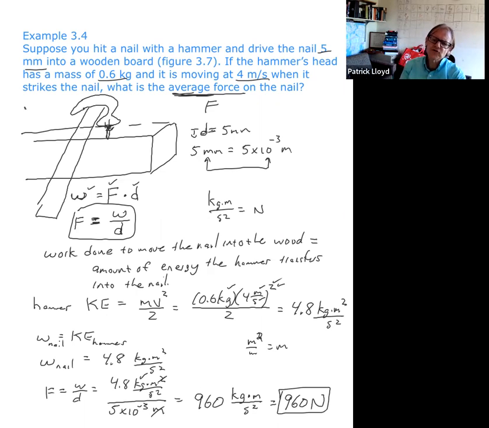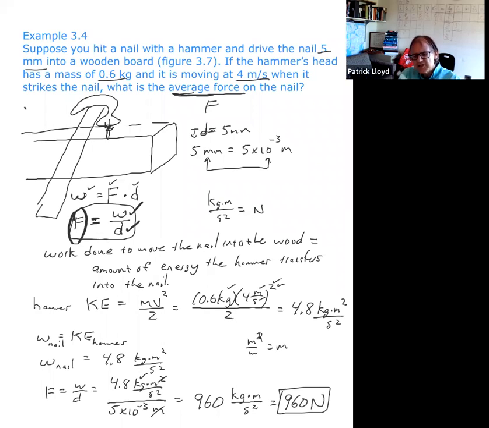This one involved a little bit of logic, so you might want to watch this video a second time to see my logic. The idea is we want to know the force on the nail. That's equal to the amount of work done on the nail divided by the distance the nail moved, which is the 5 millimeters. We don't know the amount of work, so we have to figure it out from the hammer.